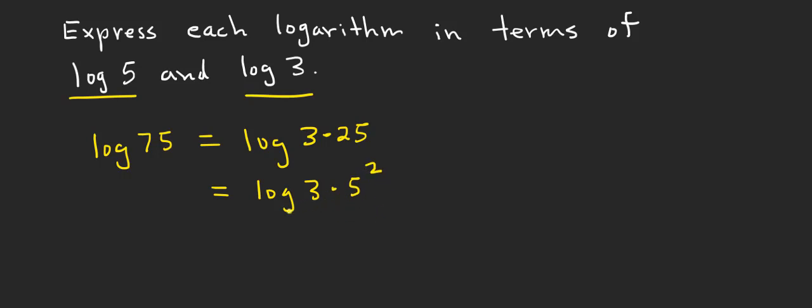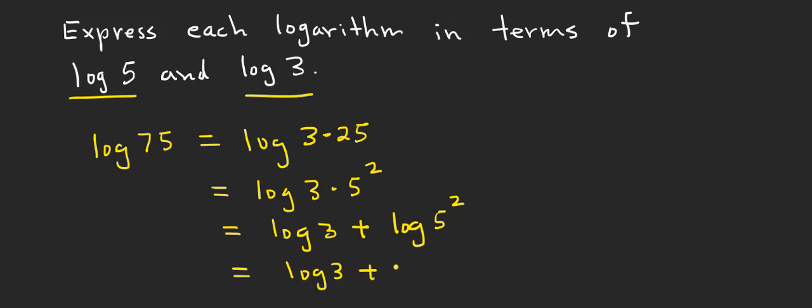Using the product property, this is log 3 plus log 5 squared. And using the power property, this is log 3 plus 2 log of 5. So we just rewrote log of 75 in terms of log of 3 and log of 5.